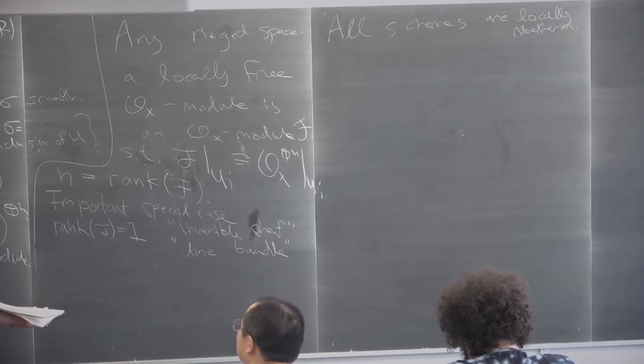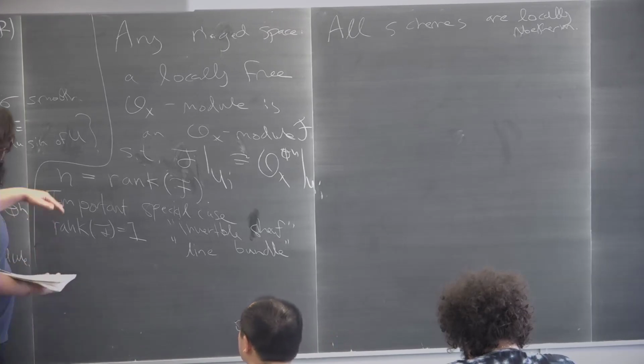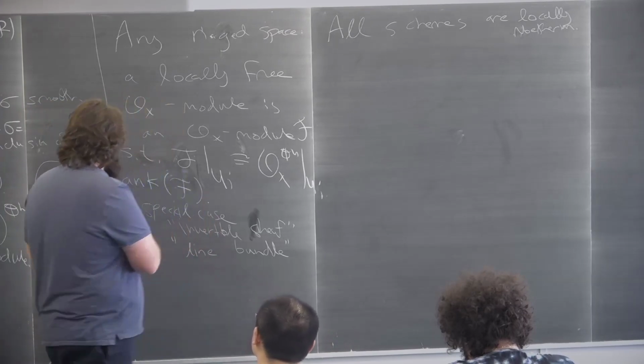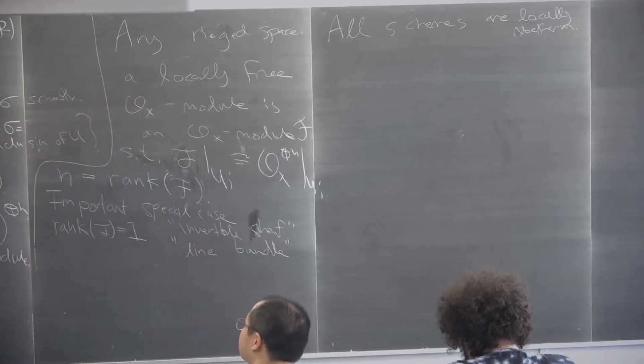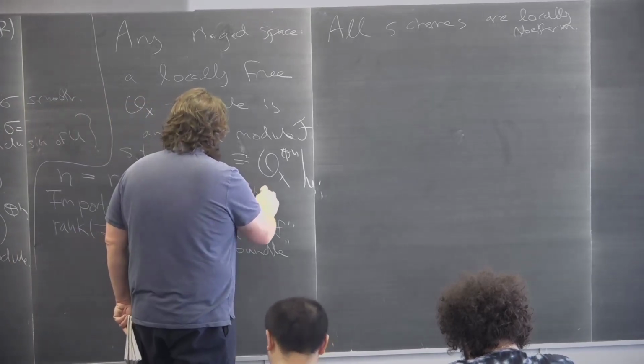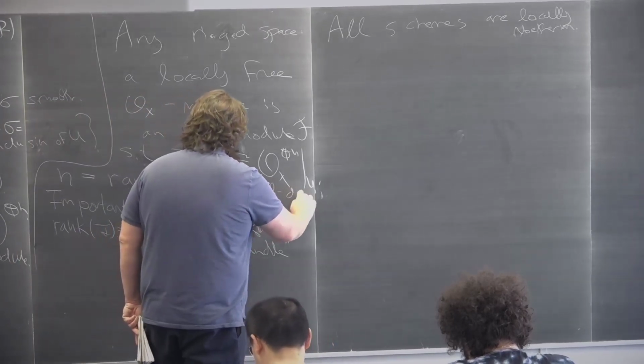Oh, that's true. Yes, sorry. You're absolutely right that this is not uniquely defined for a disconnected scheme. Sorry, I should have mentioned that. So let me just say well defined if connected.